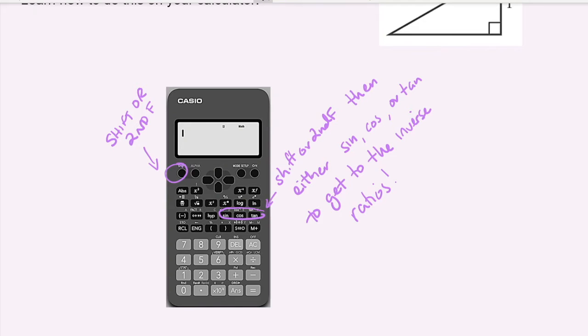Okay, so that's what we're going to be doing. So let's have a look. We've got a couple of questions to get through just to show you what's happening here.